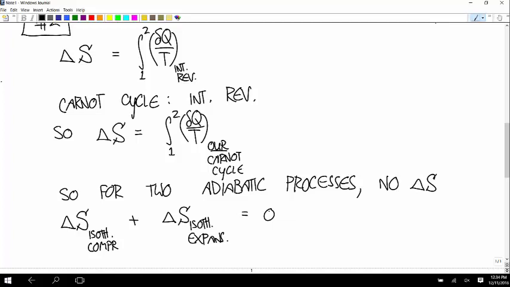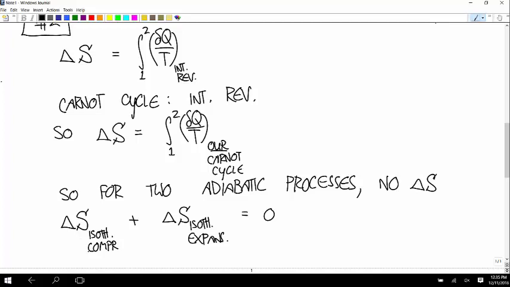I don't know what you remember about this problem, but we were looking at two processes in this Carnot cycle. One was isothermal compression, and in that one we were given temperature and the beginning and ending pressure. For the isothermal expansion, we weren't given the pressures.